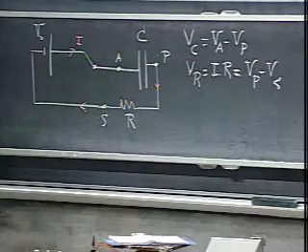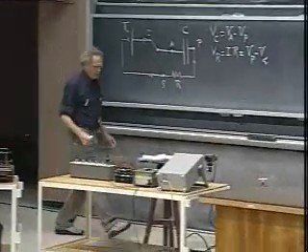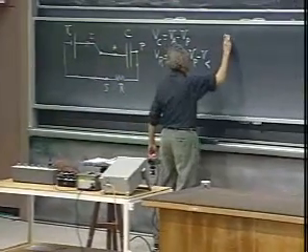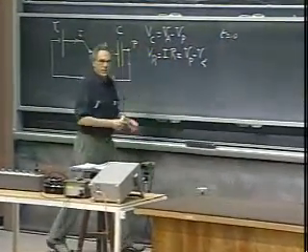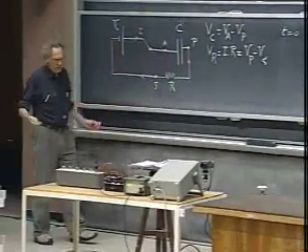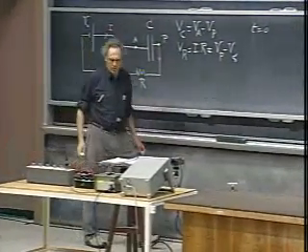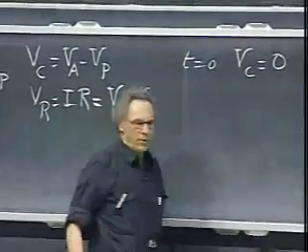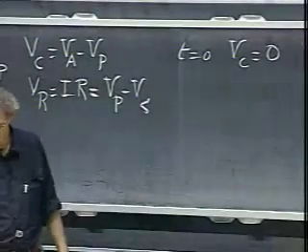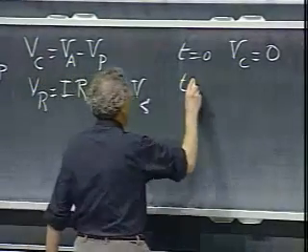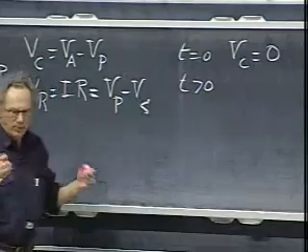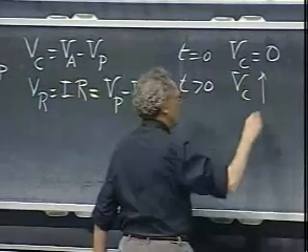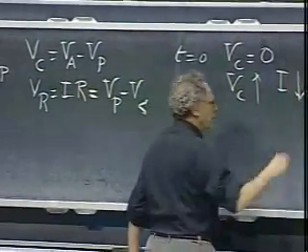Your intuition will help you a great deal without any fancy differential equations. It is clear that at t equals 0, the capacitor is not charged. There is no charge on the capacitor, and it will take time to charge it. So at t equals 0, you expect that the potential over the capacitor is 0. If you make t a little larger than 0, you're going to charge up this capacitor, and so the potential over the capacitor will go up, and therefore the current will go down.